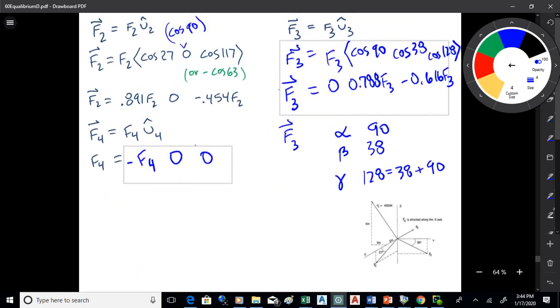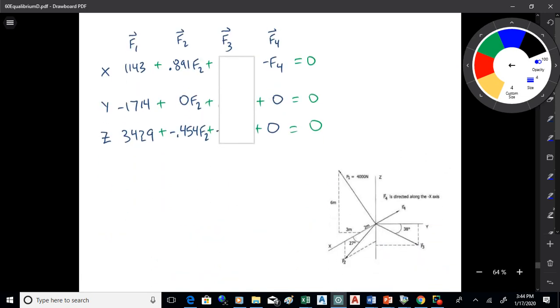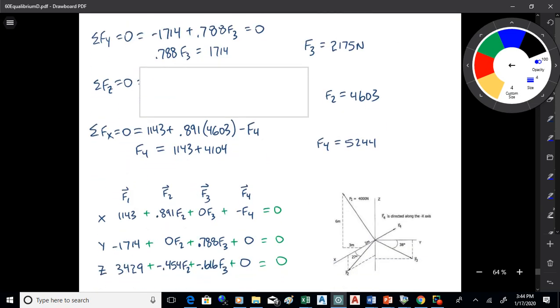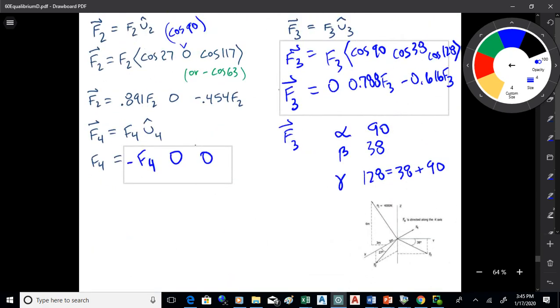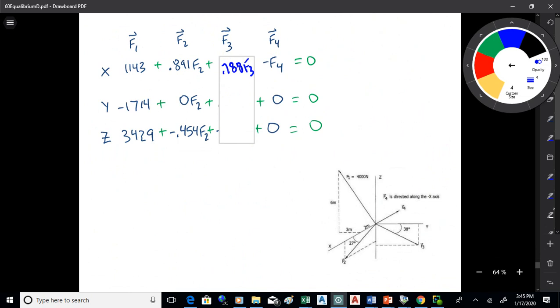So just get that built. Just put each one of those forces in a column. Yeah, and it's a matrix is what it is. Let's just do matrix stuff and calculate the solution for you. Okay, so something like that. And then you just solve the matrix.